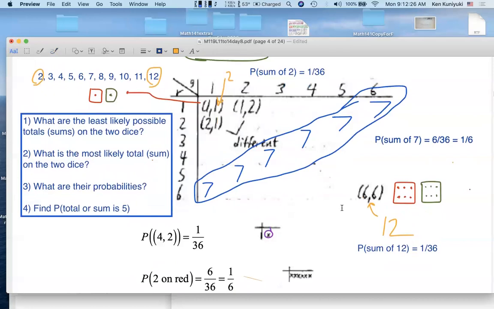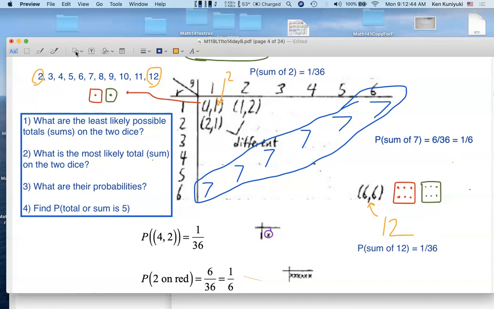What's the reasoning? Well, think of it this way, like in the doubles example. What was the probability of getting doubles? It was 1 out of 6. Why?